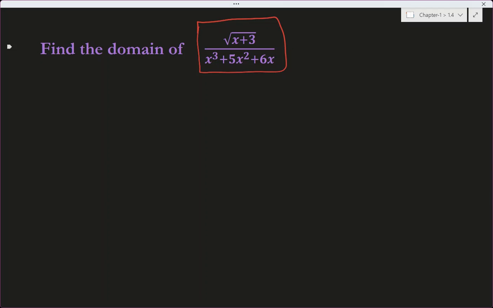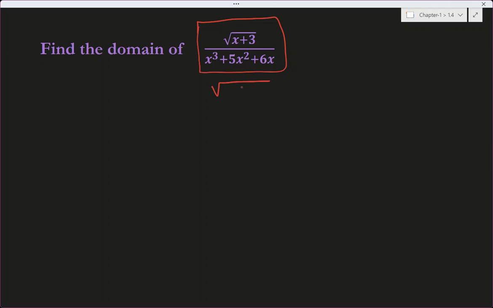So now we will try to avoid some values of x that will make, for example, the numerator undefined, or the denominator 0.